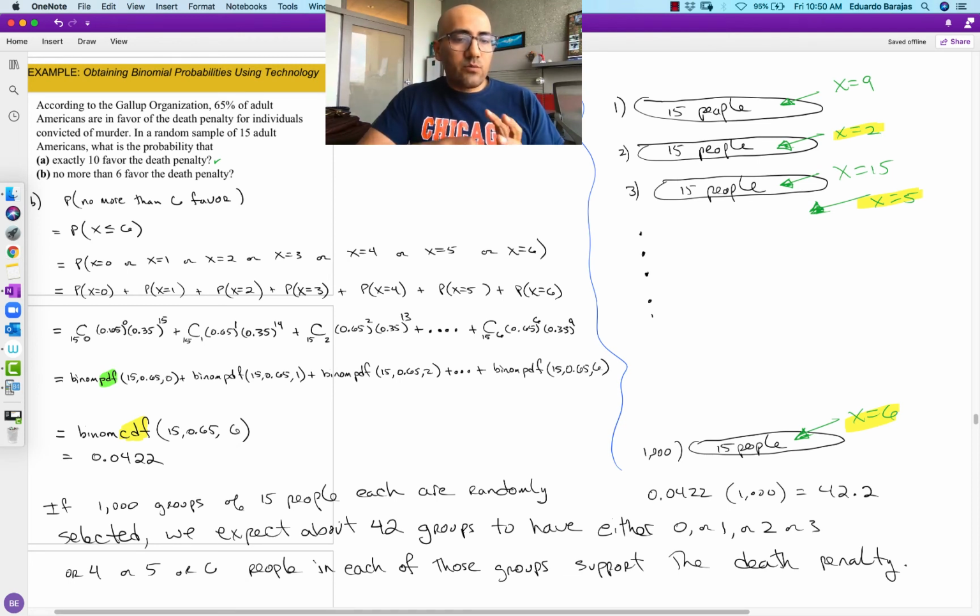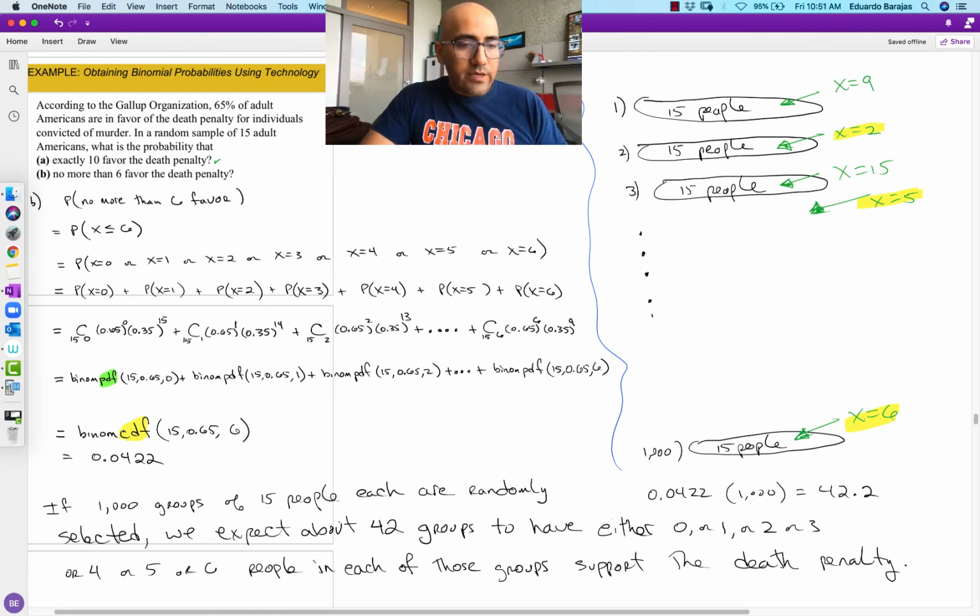So then we learned about this binomcdf function in our calculator. That's the second tool that we have to answer these questions. The binomcdf formula is exactly this one. It gives you the exact value as that. It's just a shortcut that we get to use with our calculator. We can do that, but then again, it still requires us to type in 6 different things into our calculator and then add them together.